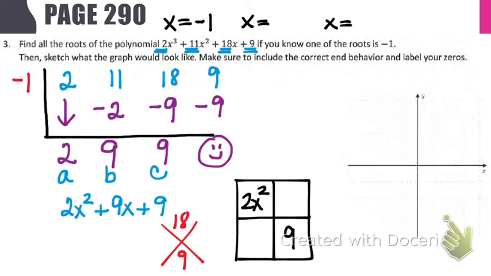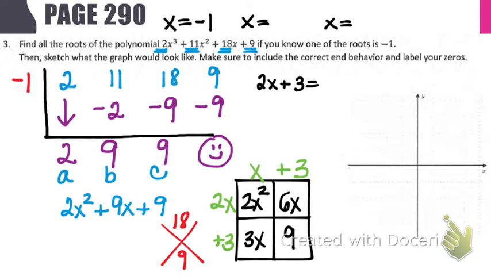Okay, good. So 6x and 3x. And then we take out our GCF. So that would be a 2x and a positive 3, an x and a positive 3. Set both of those equal to 0. So 2x plus 3 equals 0, and x plus 3 equals 0.